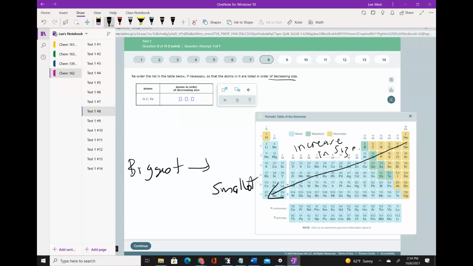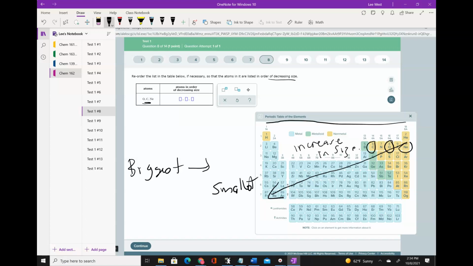Okay. All right. So, and we want to go from biggest to smallest. So the biggest one of these three is going to be the one that is furthest left and lowest in the periodic table. So what do we got? Oh, we've got neon, we've got carbon, and we've got oxygen. So this is actually pretty easy because they're all in the same row.